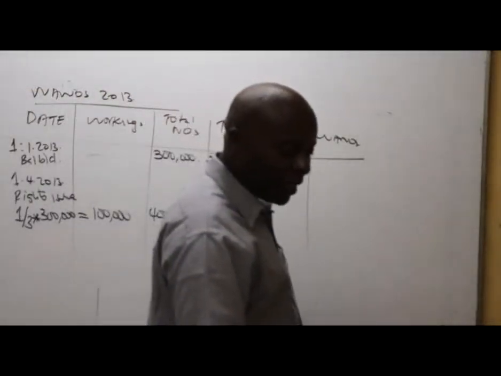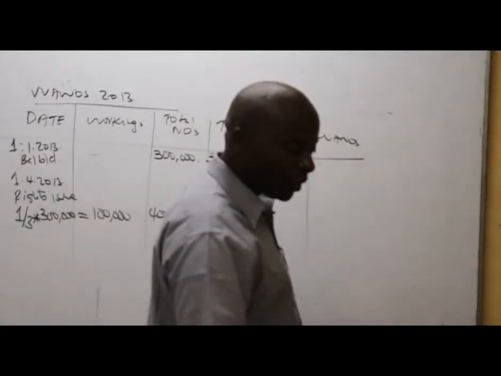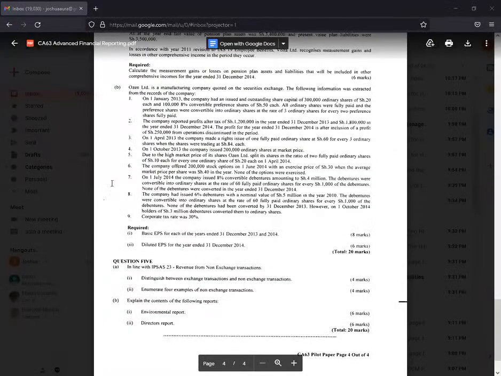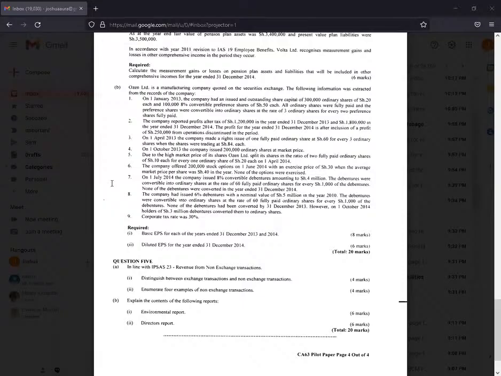Let's see whether we have any other transaction in 2013. On 1st October 2013, the company issued 200,000 ordinary shares at market price. I love this. It's a 2013 transaction on 1st October.